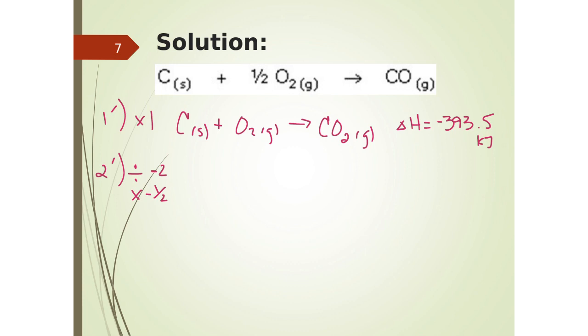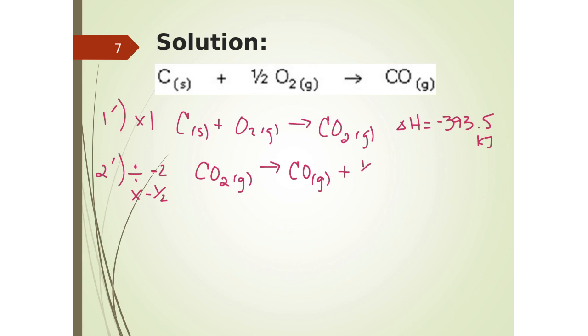So remember, you've got to flip everything. CO2 was on the product side. It had a factor of 2. We're dividing everything by a factor of 2, and we're flipping it, so it's now going to go on the reactant side. Carbon monoxide now becomes a product, with only a coefficient of 1 because we're dividing everything by 2. With oxygen, we only had a coefficient of 1.